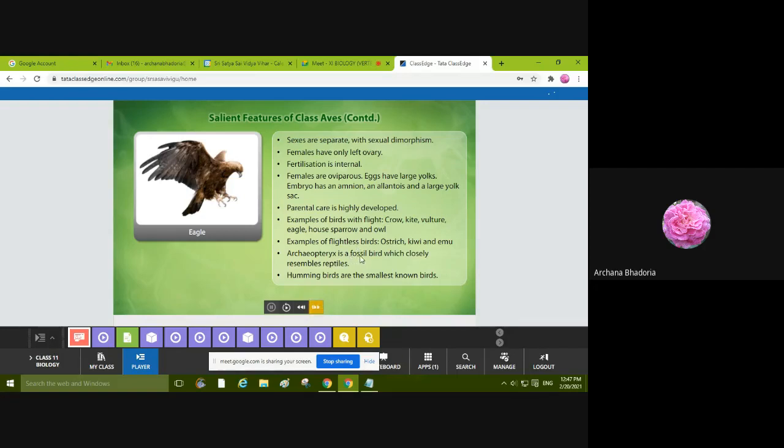Archaeopteryx is a fossil bird, closely resembling reptiles. This we did last year, the paleontological evidence. I explained it then. Archaeopteryx is the paleontological evidence that evolution has occurred, that birds have evolved from reptiles.